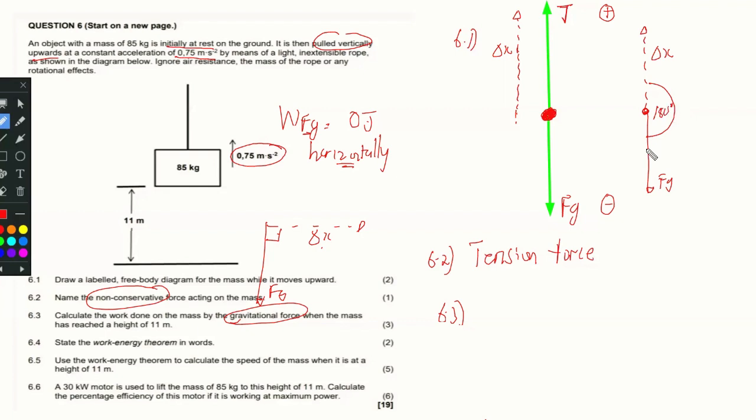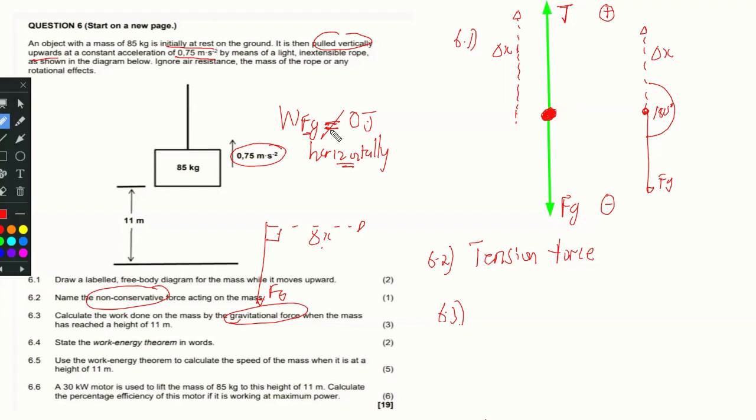So note that Fg, at this point, it does work. It's not 0 joules. So work done by Fg here is not 0 joules, mainly because we can see that it's now forming an angle of 180 degrees. And then it's only 0 joules if it forms an angle of 90 degrees, if it's perpendicular to the displacement.